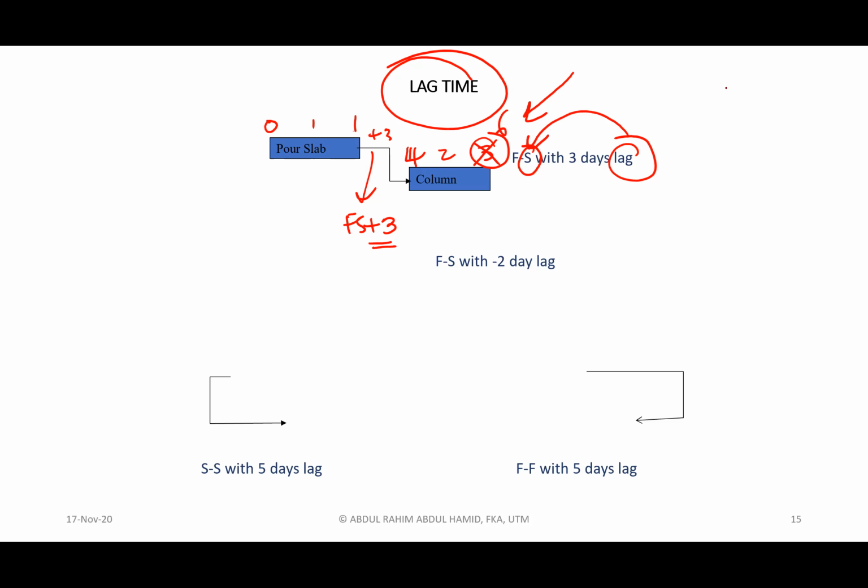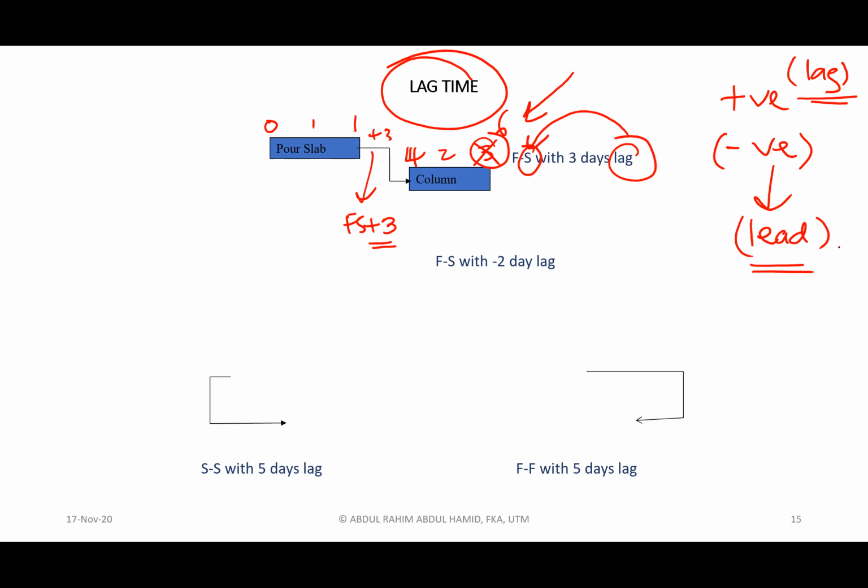Lag can be positive or negative. For the negative one, sometimes people do not say lag. People say lead in order to differentiate it from lag. This is what we call positive lag and negative lag. Some books use this terminology, lag or lead.